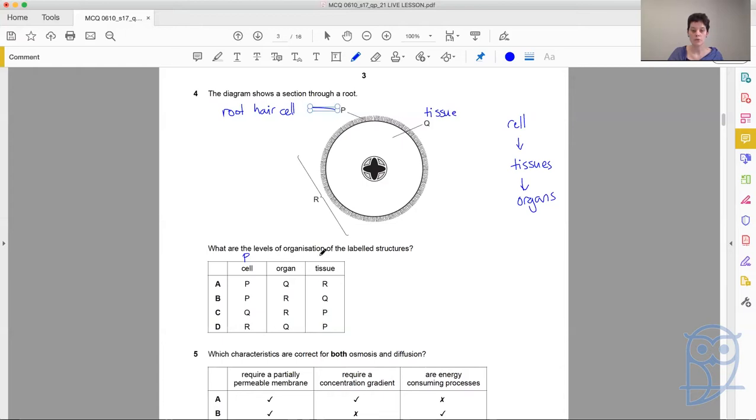So Q is our tissue, and our organ is something that is performing the function, the root, absorption of water and mineral ions. So R would be our organ. So then we have to look, where does it say PRQ? It says it at B. That matches our answer.